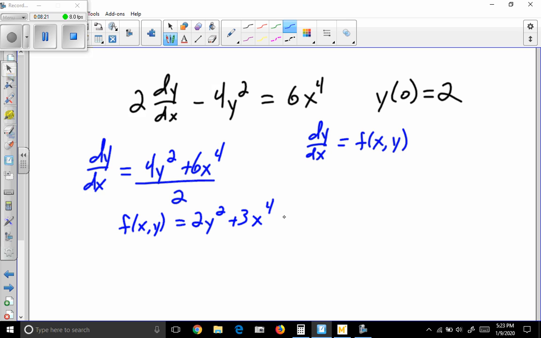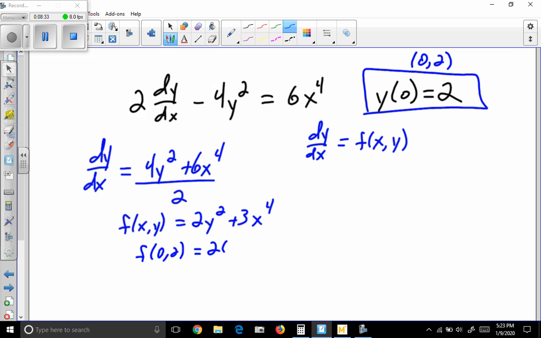And if we substitute in our initial condition that when x is 0, y is 2, so put a 2 in for y, put a 0 in for x, that's not undefined, that is defined.